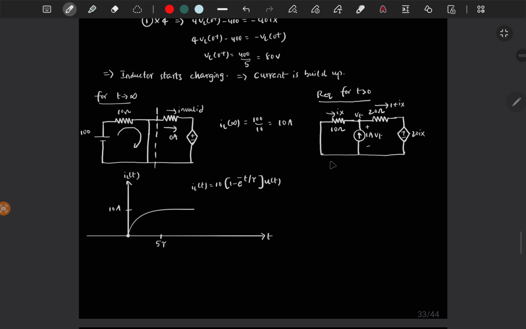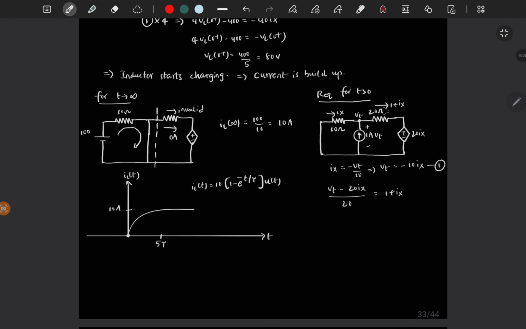So since it is Vt, Ix is minus Vt by 10. So Vt is minus 10 Ix. This is one equation, and Vt minus 20 Ix by 20 is equal to 1 plus Ix.